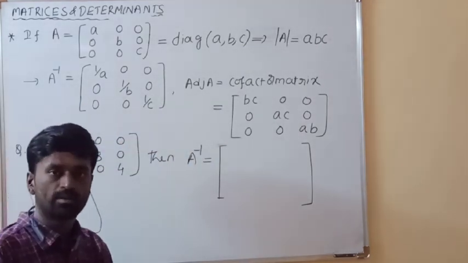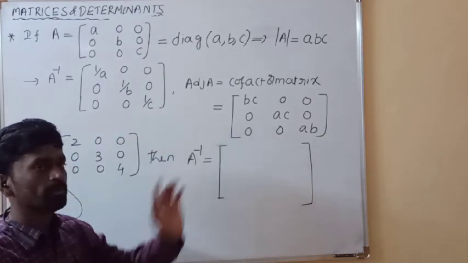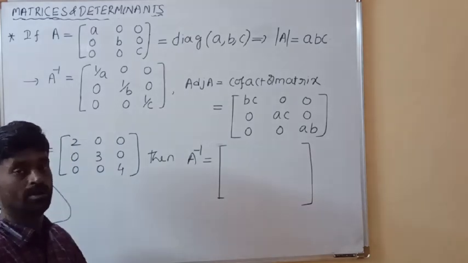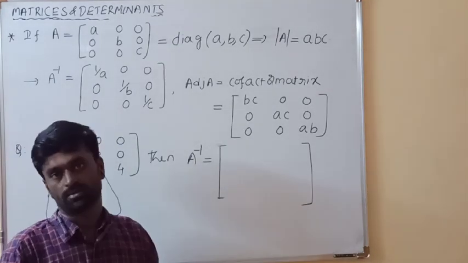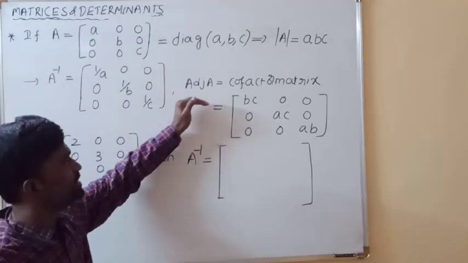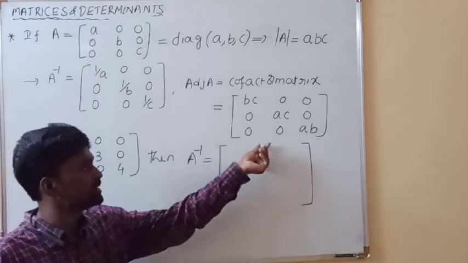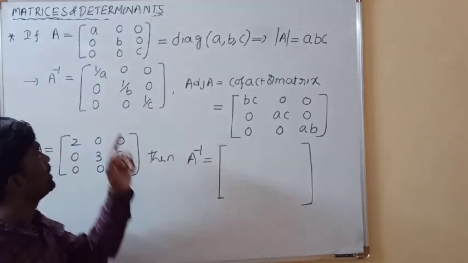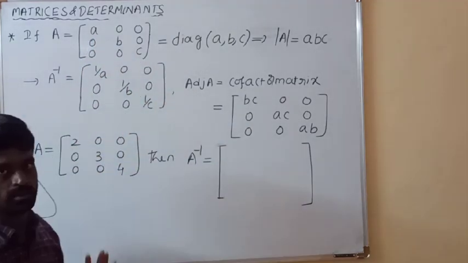For a diagonal matrix, adjoint A is the same as the cofactor matrix, because a diagonal matrix is also a symmetric matrix. Here, what are the diagonal elements? A, B and C. Correct?